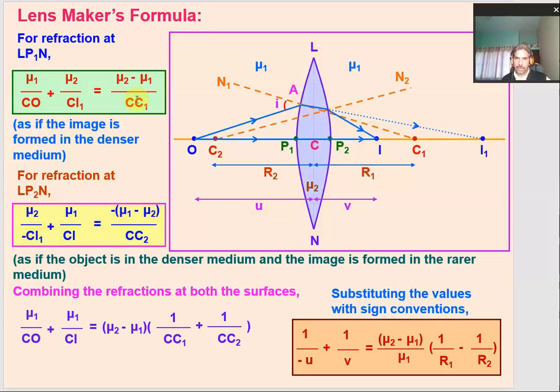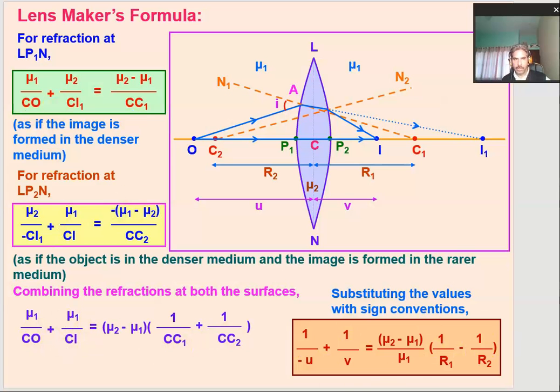So we get two equations. Now our task is just to solve these two equations. We just add these two equations in order to get this final equation. On substituting the values according to sign convention, we get this equation. So this is all what we have discussed.